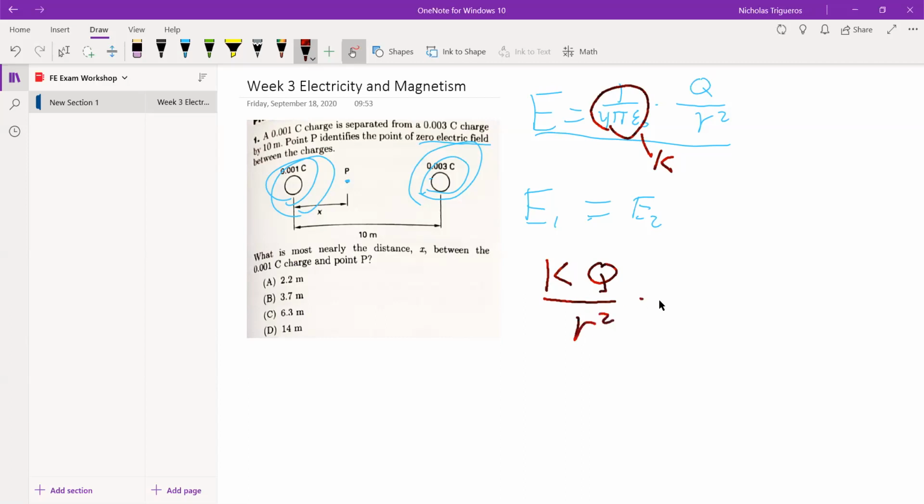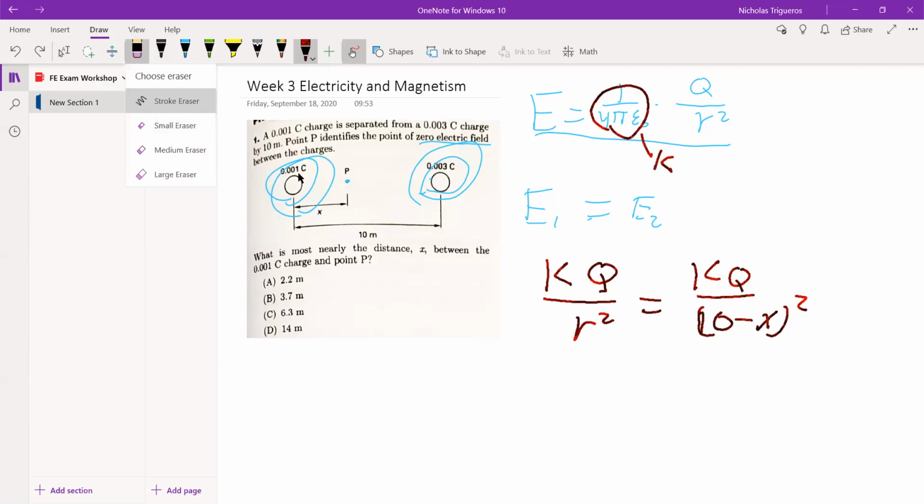It equals KQ over R squared for the 0.003 Coulomb charge. So this is going to be 10 minus X squared. I guess I should call this R squared X squared.